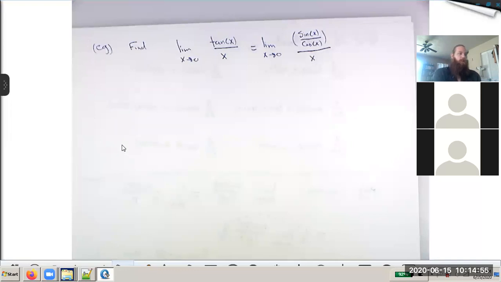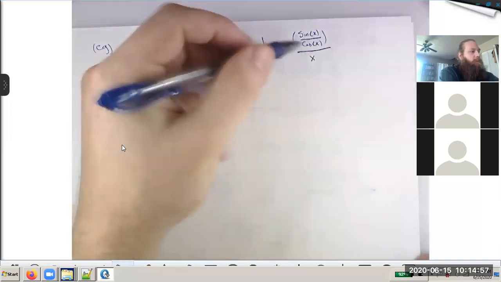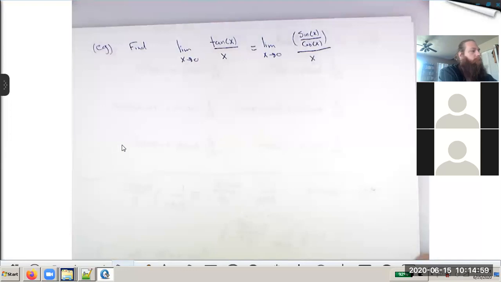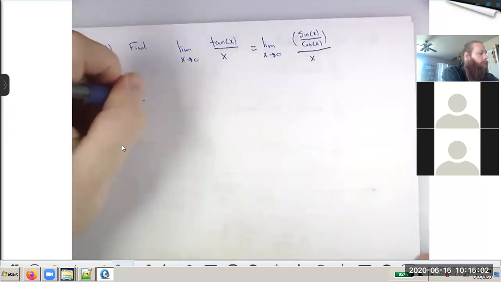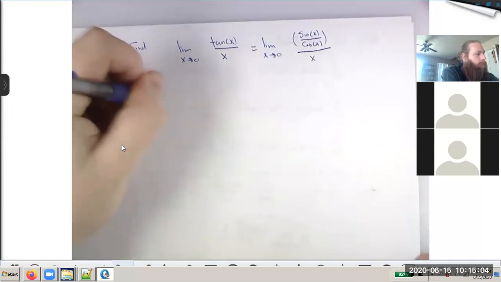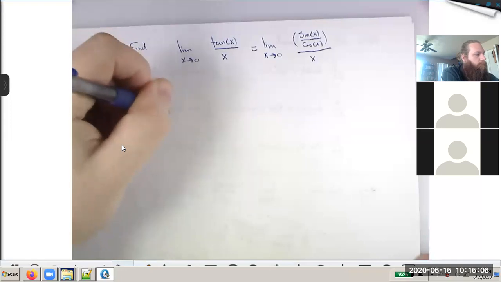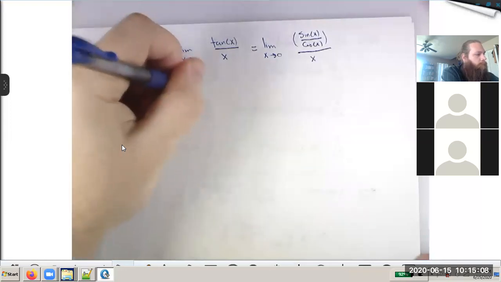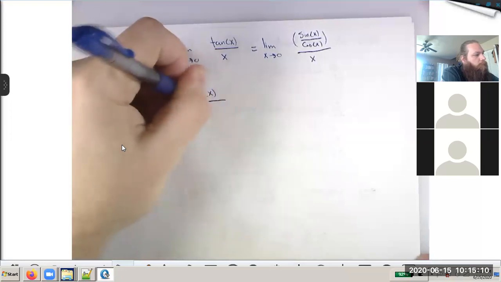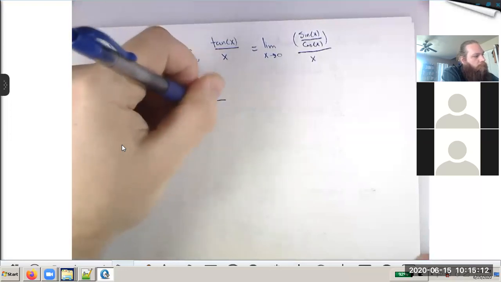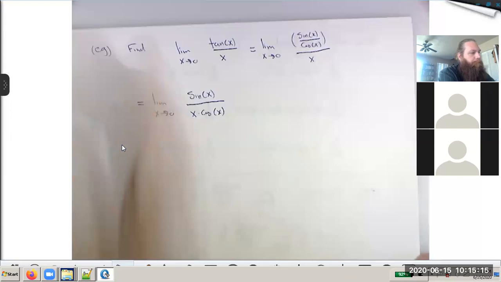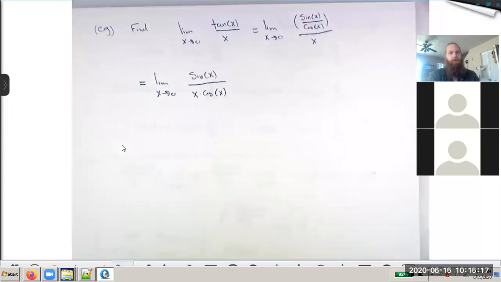The next step here is an algebra step, right? Understanding this fraction over a fraction thing. Dividing sine x over cos x by x is the same as multiplying it by 1 over x, which is the same as having sine x over x cos x.